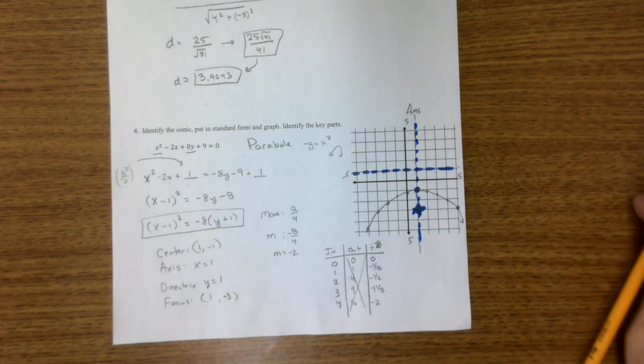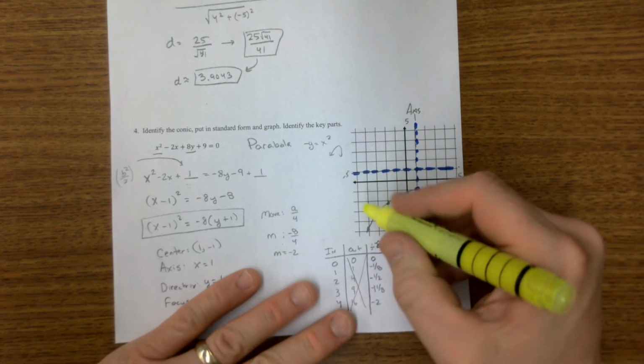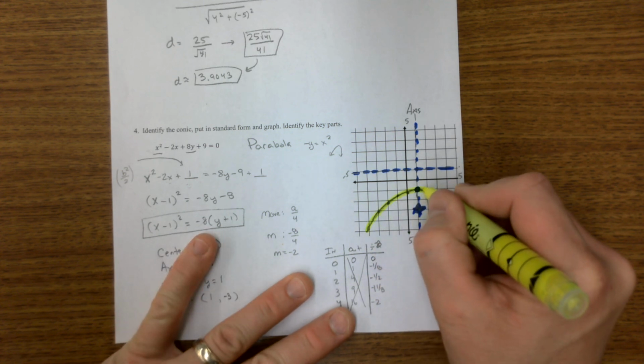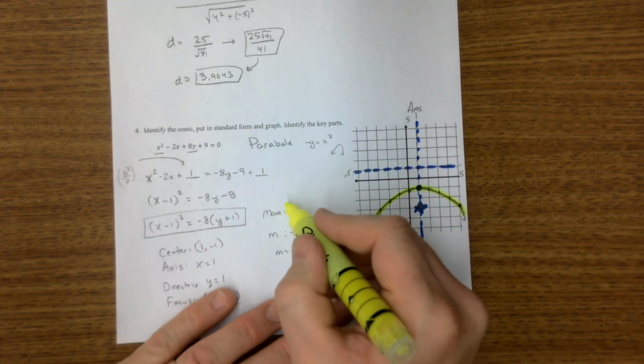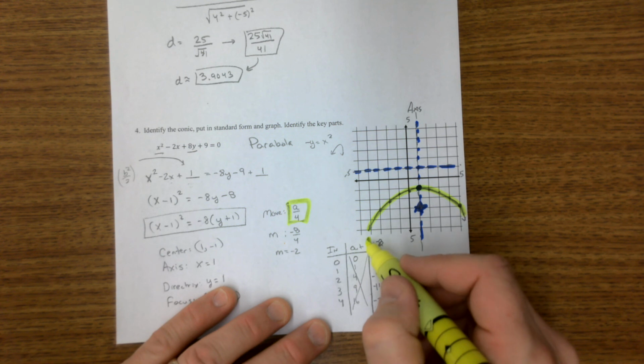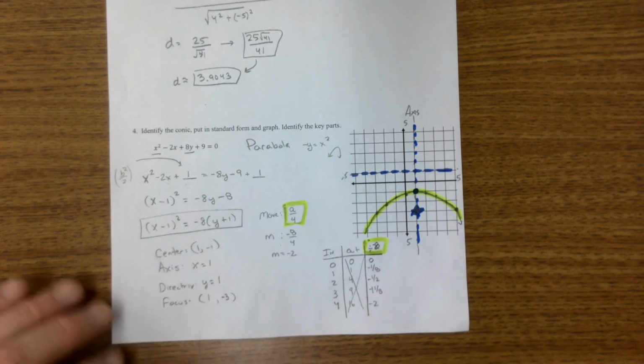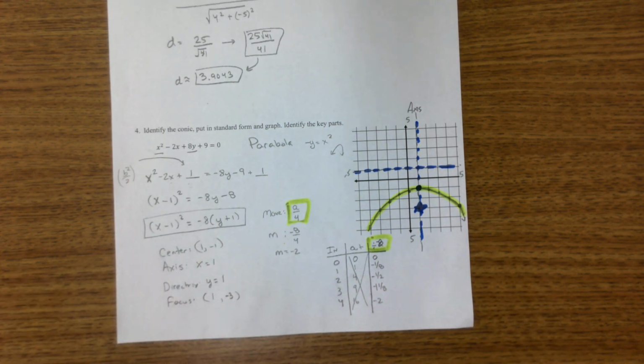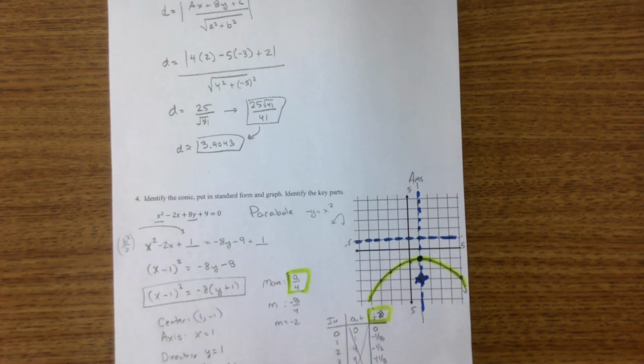So those are all the parts of your parabola. Again, a couple formulas to remember here. This is how it moves, and this is how it changes, and there's your formula for standard form. All right, hope this helps with the problems. If you have any questions, please ask.